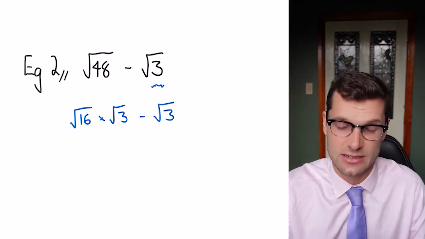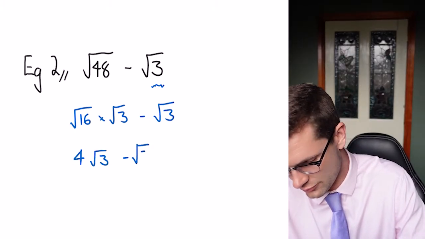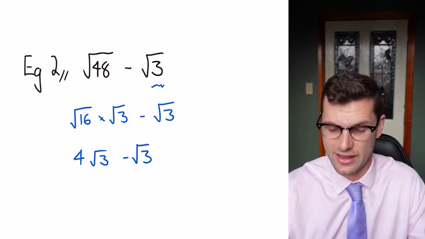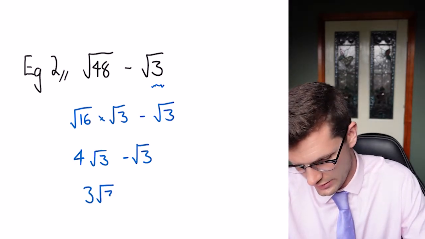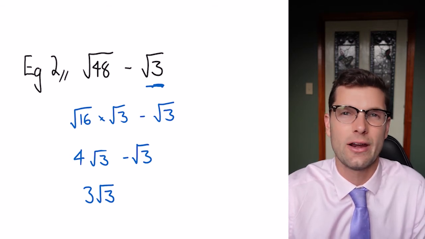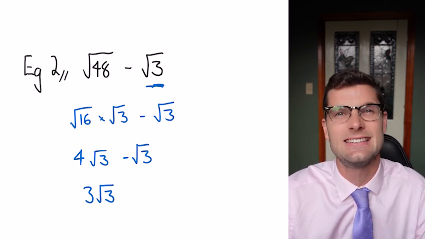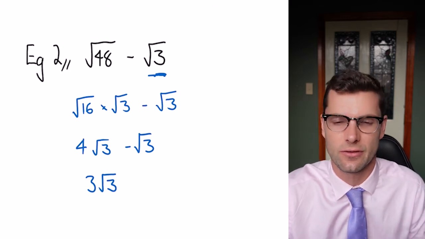Square root of 16 is 4. So this turns into 4 root 3 minus root 3. So my final answer there is 3 root 3. So by knowing that this surd root 3 was most likely going to pop up during my simplification, it did save me a little bit of time searching for factors.